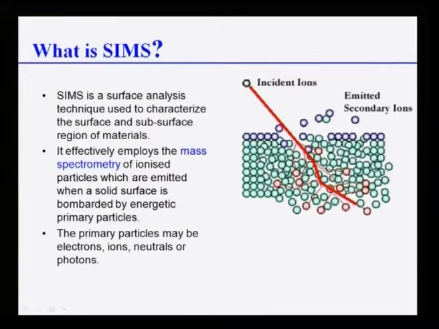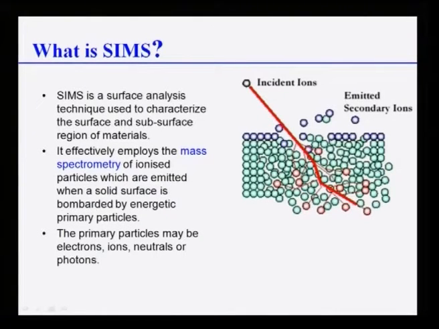Now after giving a huge introduction about mass spectroscopy, let me get into the details of secondary ion mass spectroscopy. Although many things are similar, the things which are distinct in SIMS as compared to mass spectroscopy should be known to you very clearly. SIMS per se is a surface analysis technique, remember this.